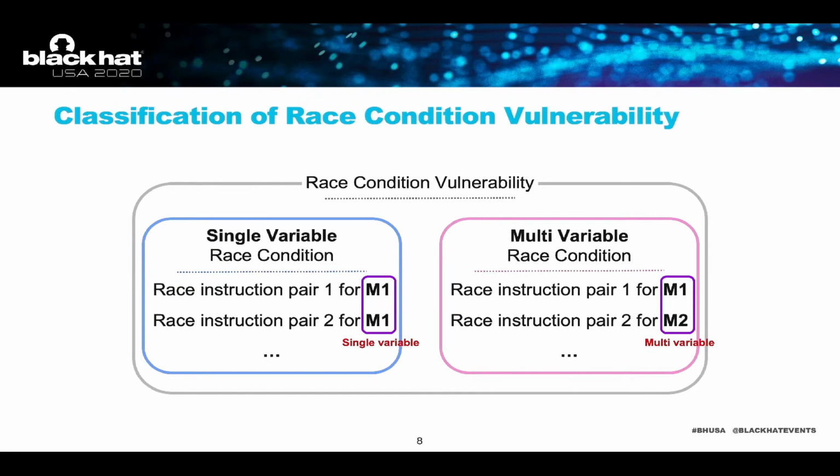Now let's look at the types of race condition vulnerabilities and their exploitability. We first classify the race conditions by the number of variables that are involved. Namely, whether a race instruction pair accesses a single variable or multiple variables.